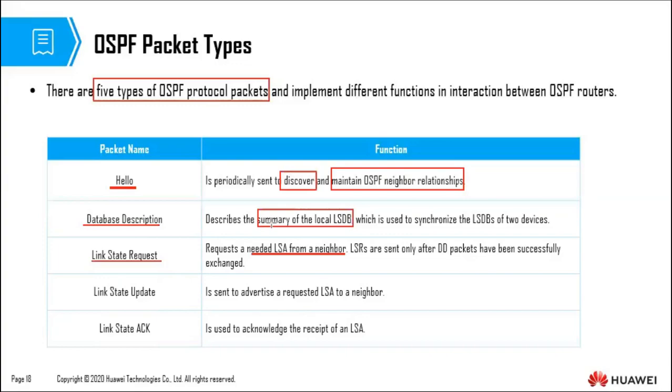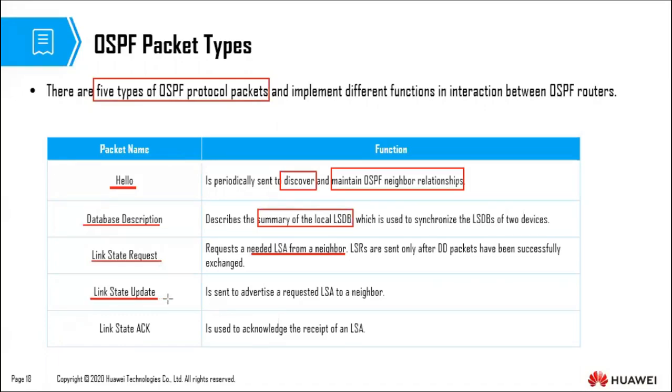So he's now going to send more details, like maybe the cost and other details that we're going to see in a short while. So first, they'll share summaries. Then if you don't have that network or details about that interface, you now request using an LSR, link state request.